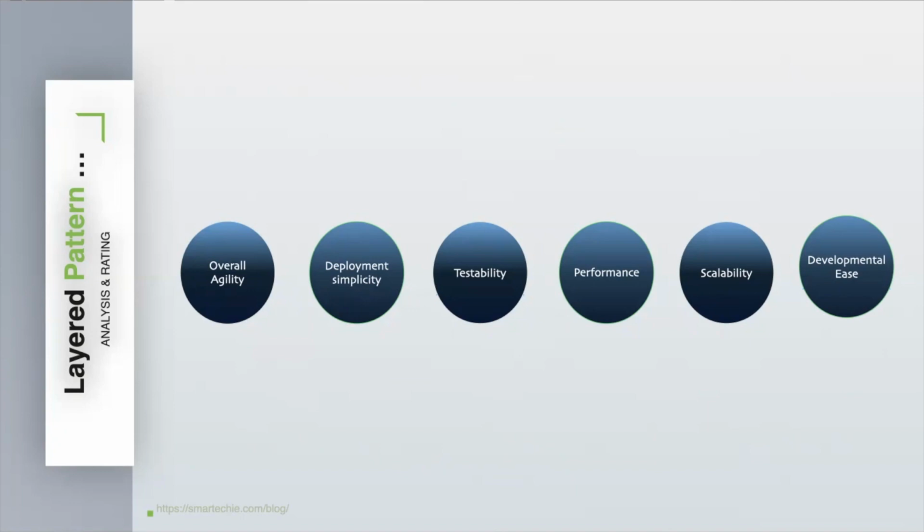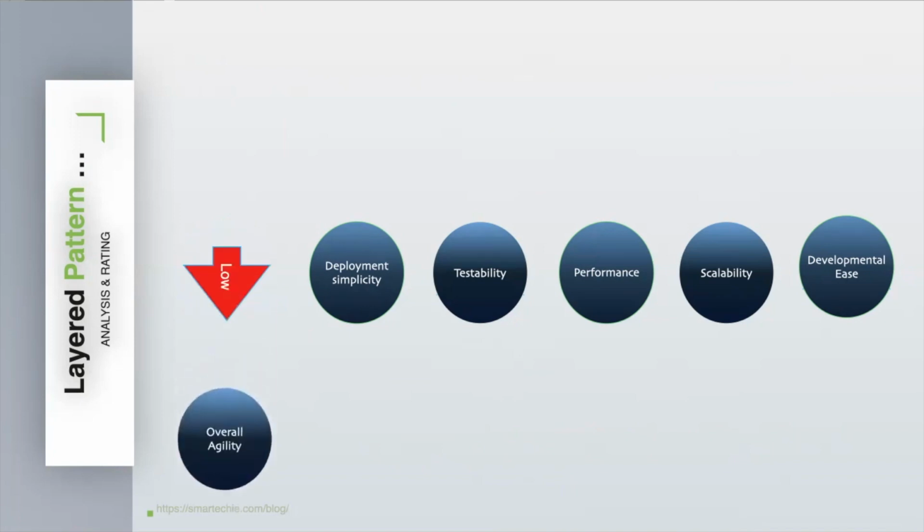While change can be isolated through the layers of isolation of the different patterns, it is still cumbersome and time consuming to make changes in this architecture pattern because of the monolithic nature, of course, right? So we can say the overall rating is low. That means it's not very agile in a frequently changing application environment.